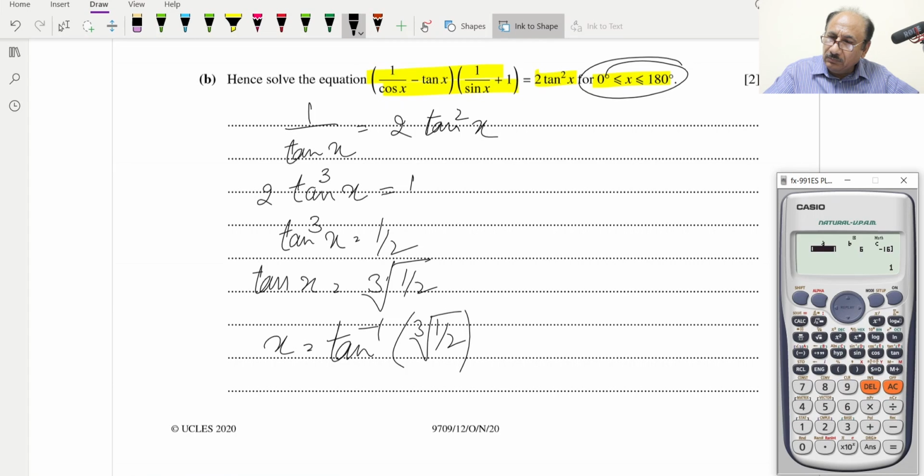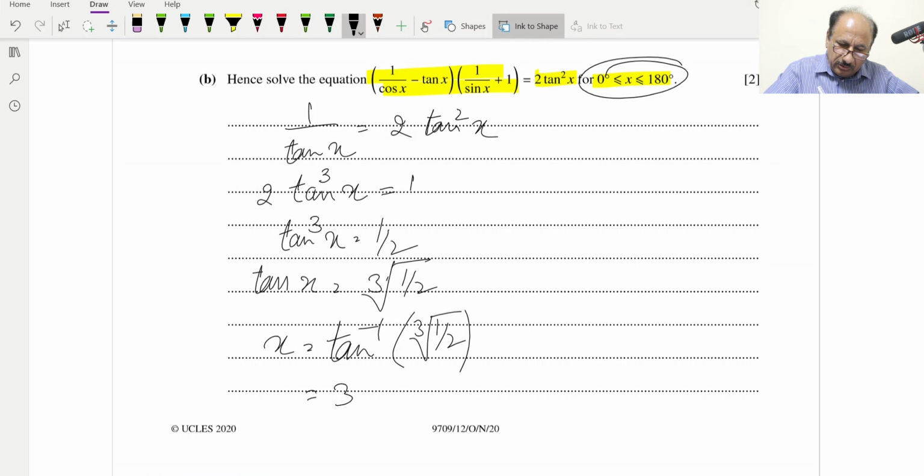Shift tan of cube root, and fraction will be 1 over 2, and we can put bracket over here, and this will be equal to 38.4 degrees, and one angle we got this.